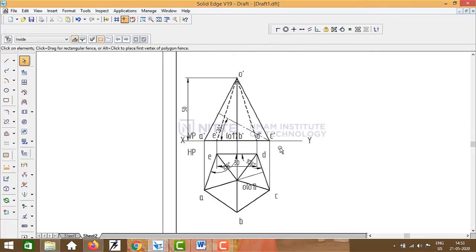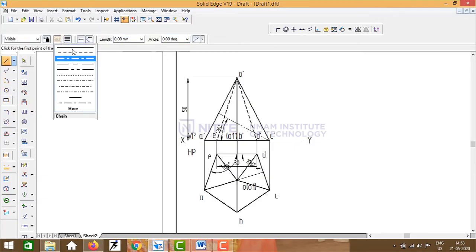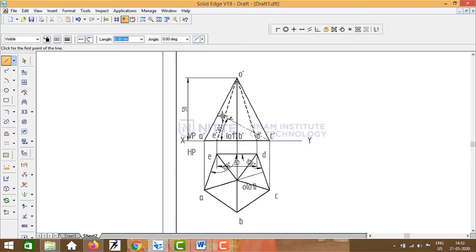So this is the section plane. So on either side extend it, draw the arrow pointing towards the remaining section and mark the section.